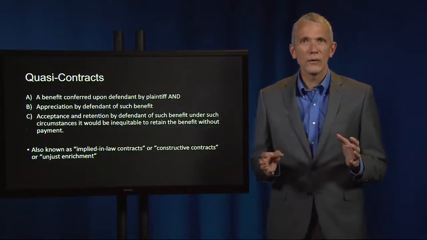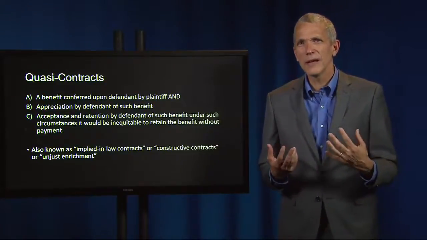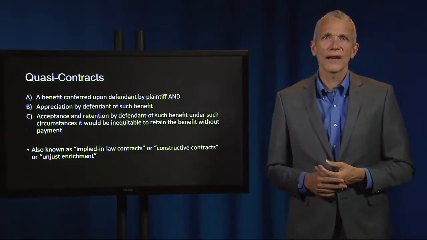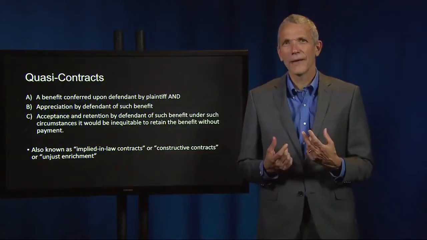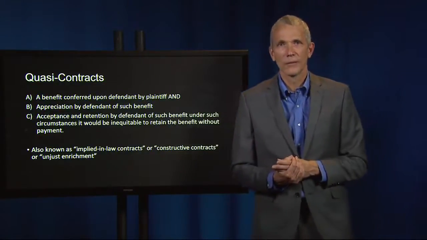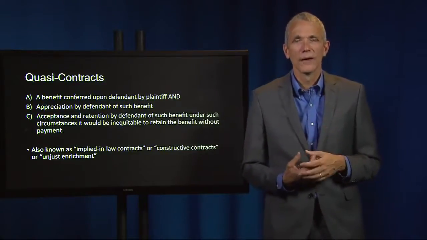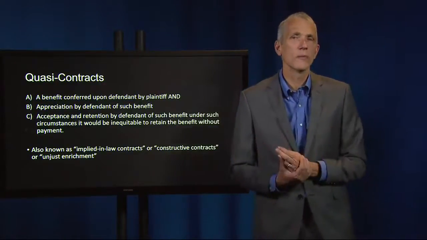So don't be confused if you hear these different terms. They all mean something close to the same thing. They are all equitable causes of action, which, like many things in equity, are less rule-like and have fuzzier elements and probabilistic legal outcomes.